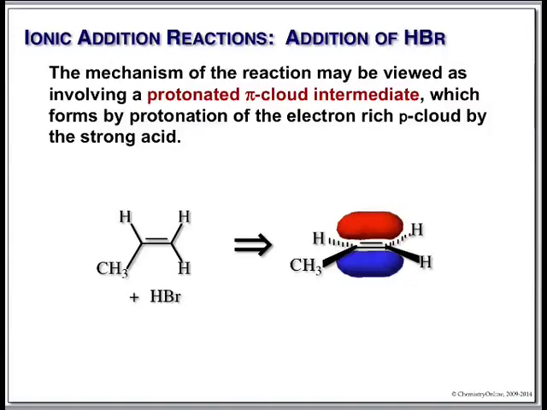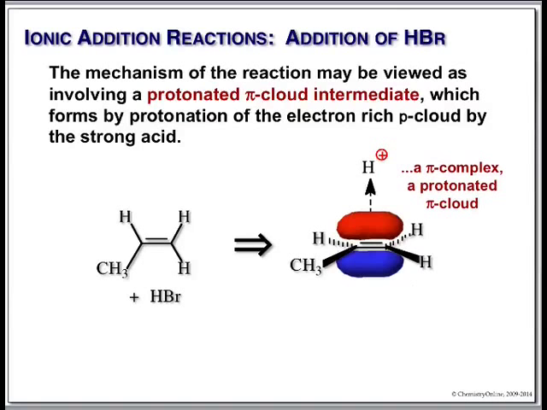Functioning as a Lewis base, that's an electron donor, this pi system can accept a proton from HBr. So HBr acts as an acid, a Bronsted acid if you will. The pi system would function as a proton acceptor, that makes it a Bronsted base, or as an electron donor, making it a Lewis base.